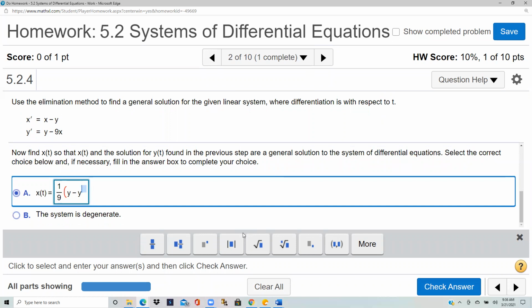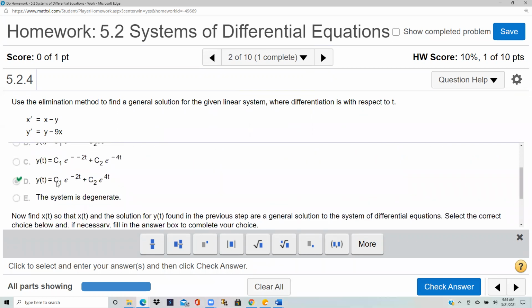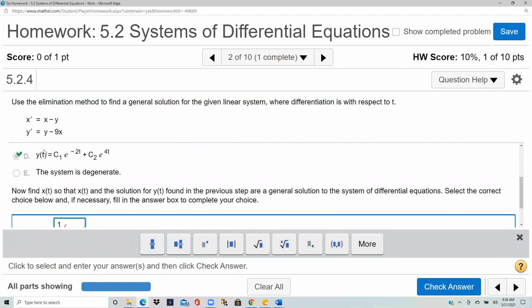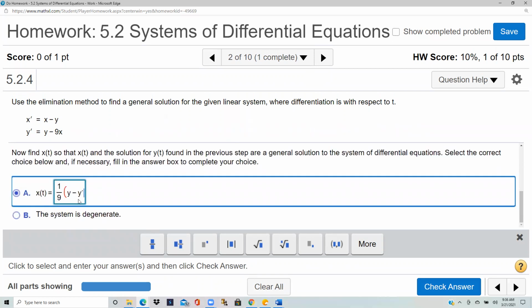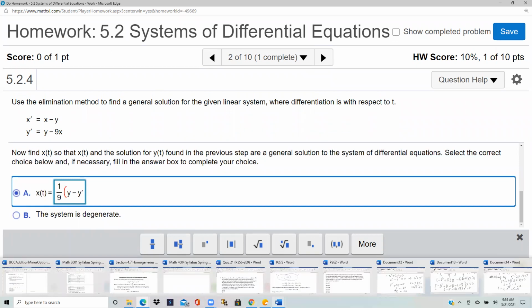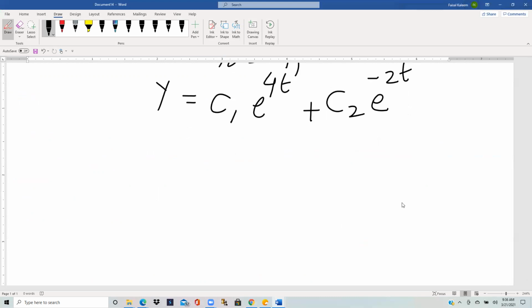So let's think, this is y prime, but we do have y in this one, and so maybe it'd be simpler if I just go back to Word. So x is equal to 1 over 9 (y minus y prime).